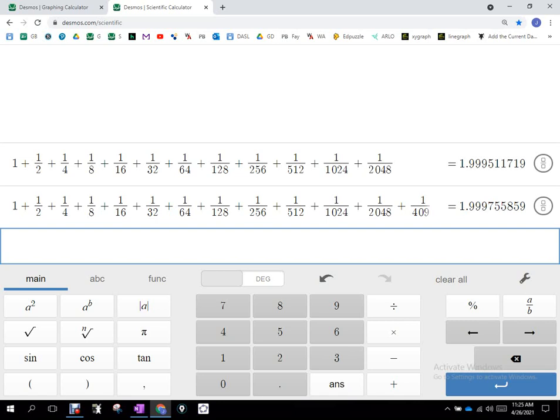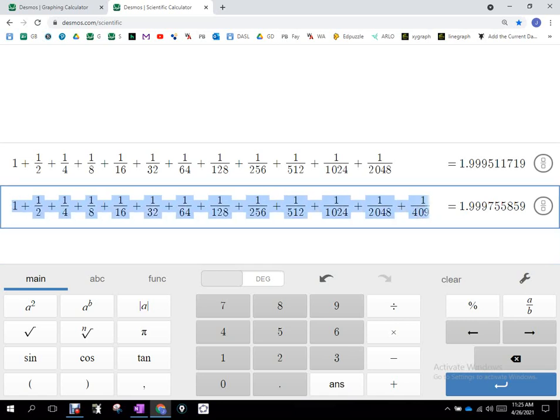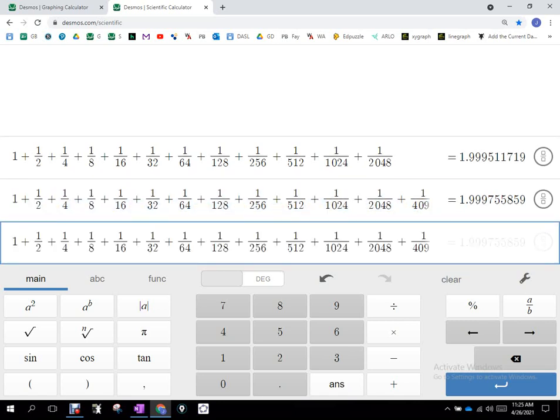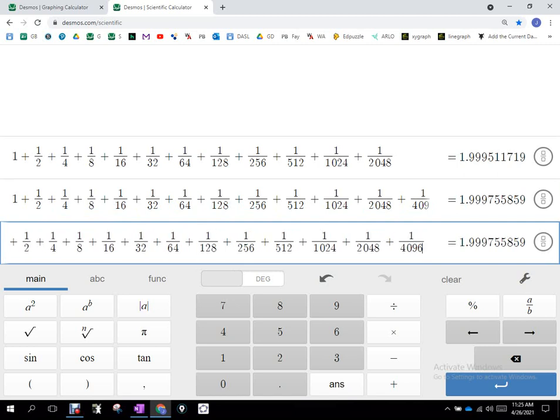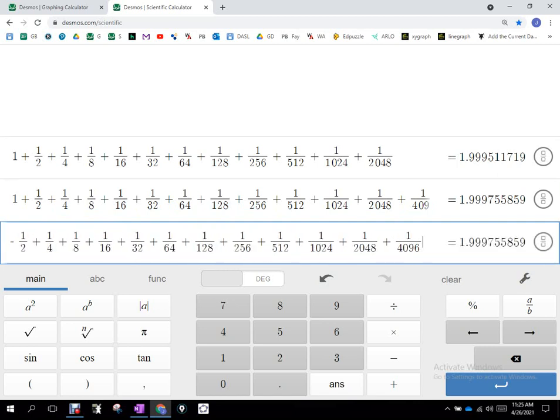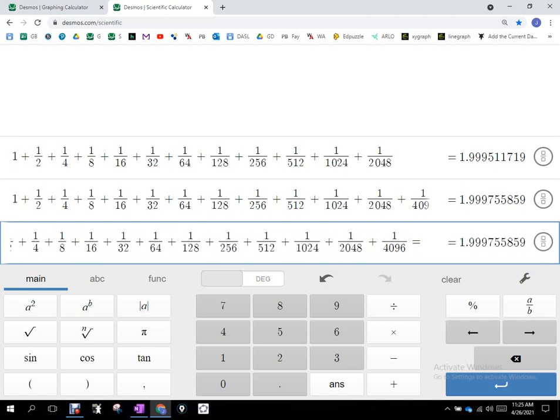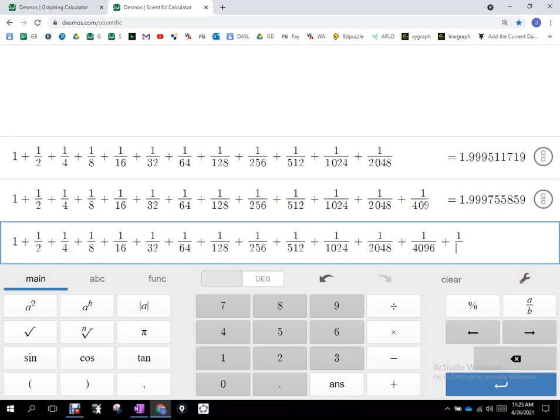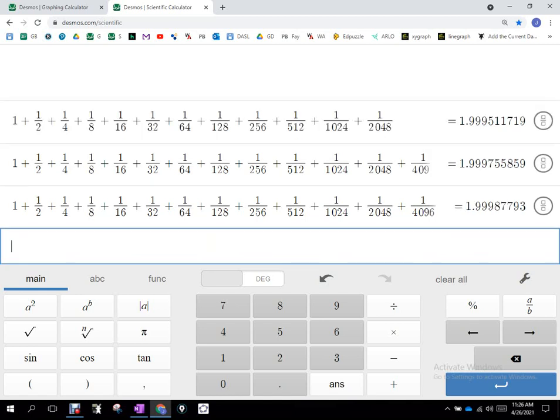If I take this one and add the next term, it'd be plus 1 over 4096 times 2, and there I get that. So I made that 7 now go to an 8.